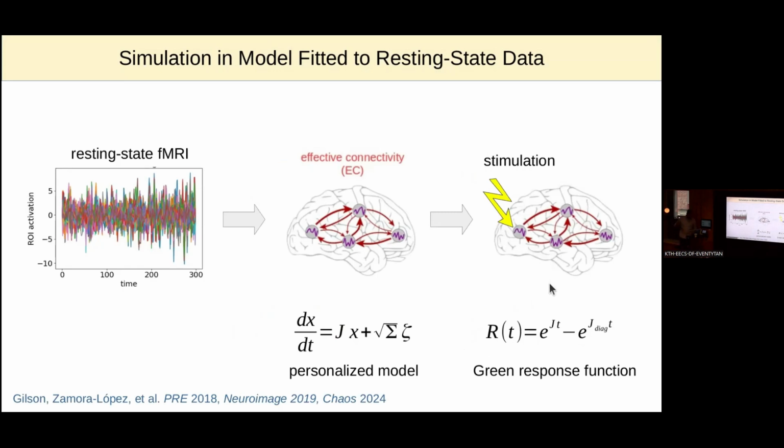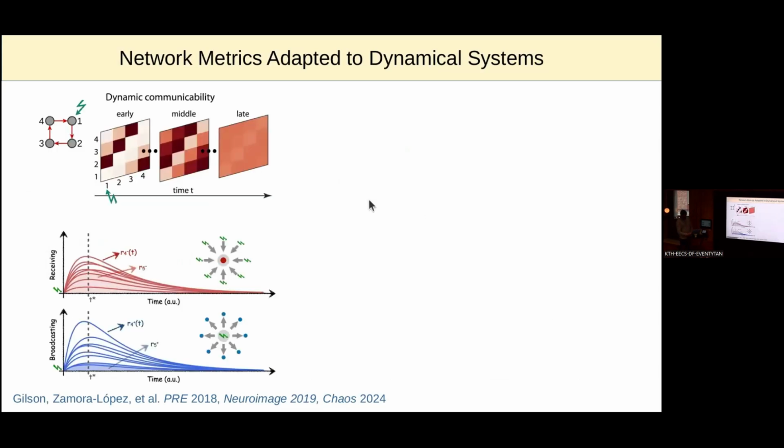So we're going to use a network that's been trained on ongoing activity and perform the stimulation in it. And so that's a framework that we developed, especially with Gorka Zamora Lopez. So that started in Barcelona. And the idea was to transpose network theory to dynamical systems.